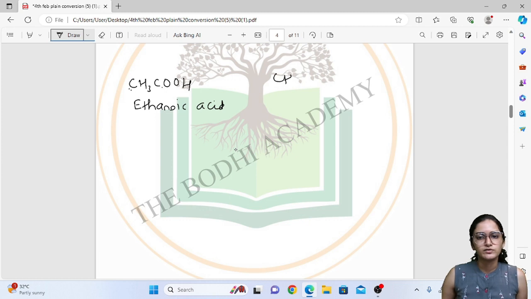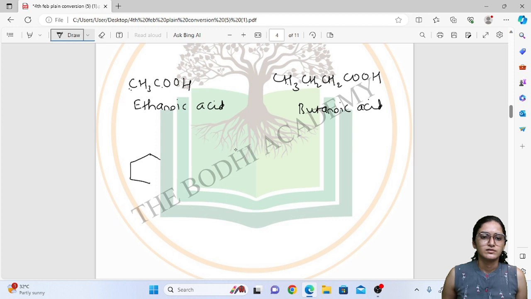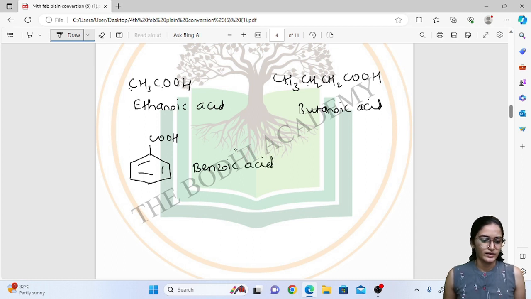Then if I talk about CH3CH2CH2COOH, then here 1, 2, 3, 4 carbons, so name is butanoic acid. If I have benzene ring with COOH, so the name is benzoic acid. Okay, so this is a benzoic acid.